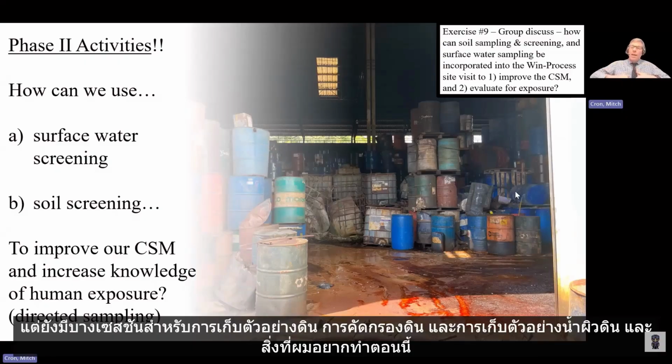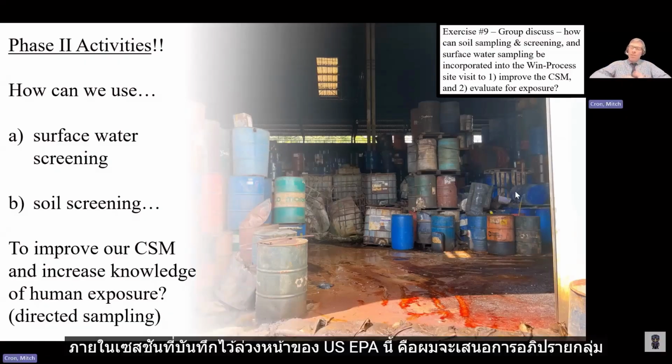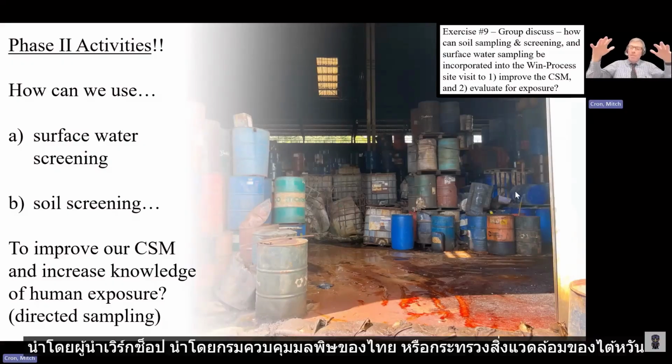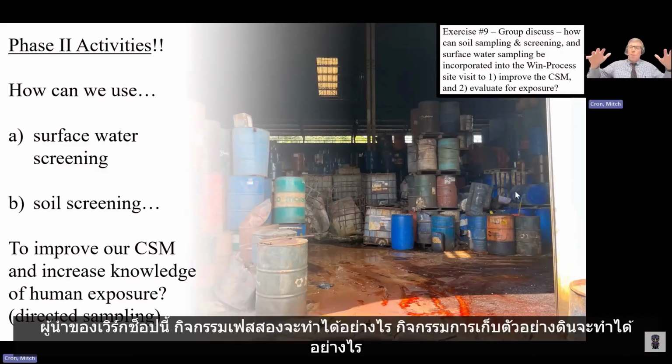And what I'd like to do right now within this US EPA pre-recorded session is I would propose a group discussion led by a workshop leader, led by Thailand Pollution Control Department or Taiwan Ministry of the Environment, a leader of this workshop.